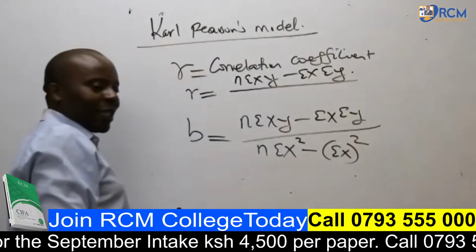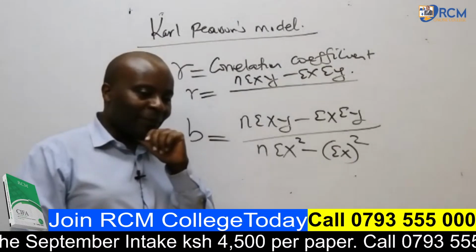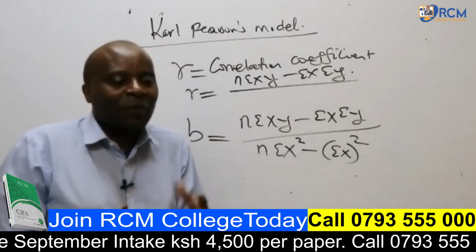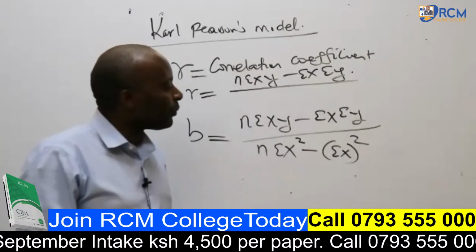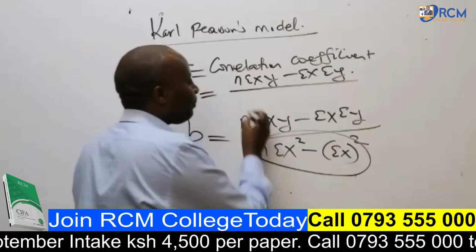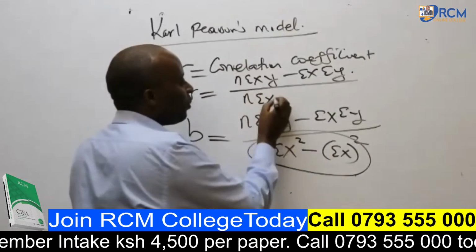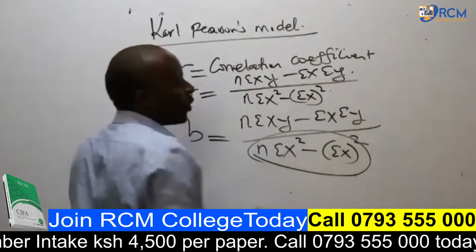Now, the moment I've taken care of the numerator, there is also a relationship about the denominators. If I understand this, I've understood the entire thing. So for the denominator I copy this: n summation of x squared minus summation of x, squared.